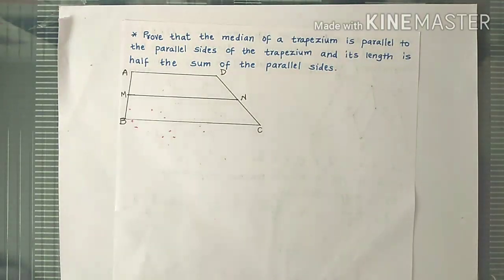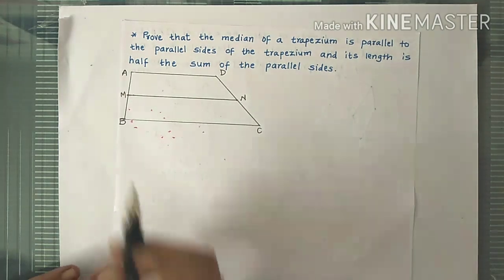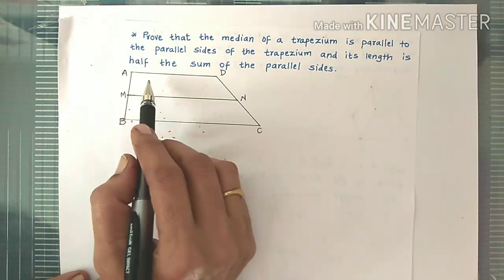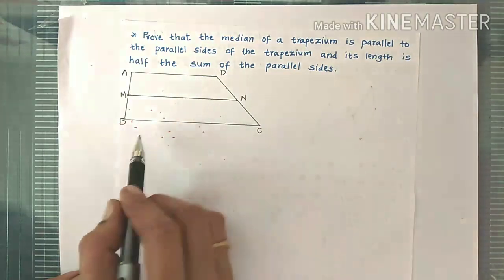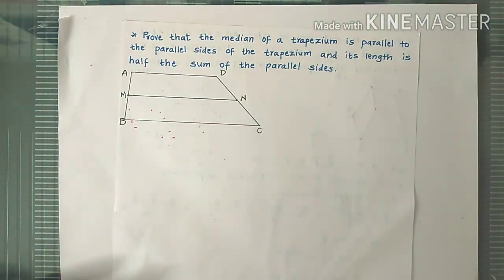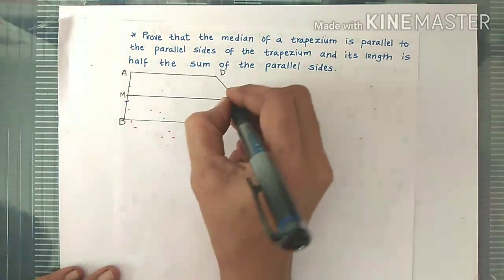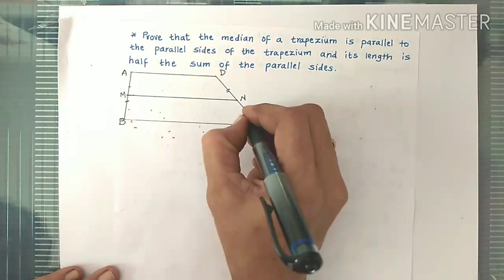Consider one more application of midpoint formula, that is to prove that the median of a trapezium is parallel to the parallel sides of the trapezium and its length is half the sum of the parallel sides. So consider this trapezium A, B, C, D, where I have taken the parallel sides as AD and BC. So AD is parallel to BC, M is midpoint of AB and N is midpoint of CD.